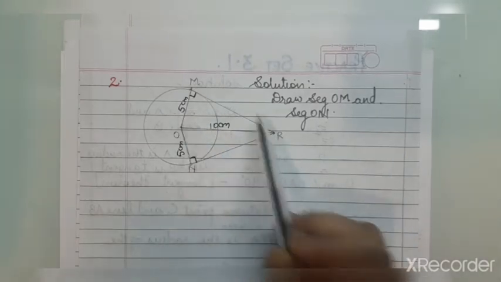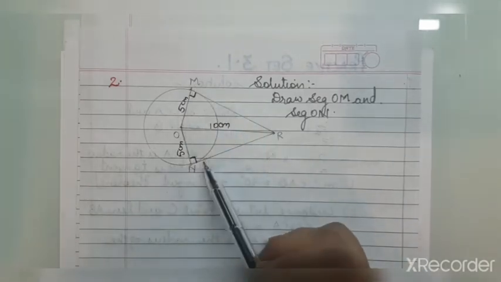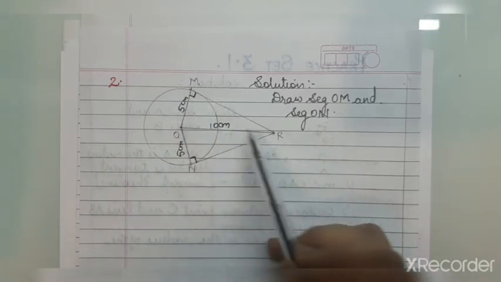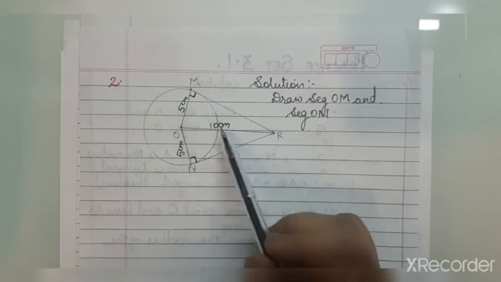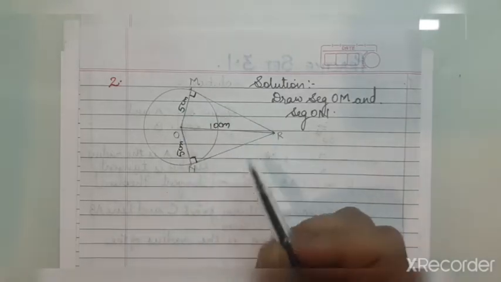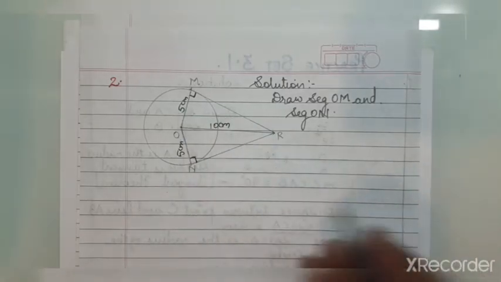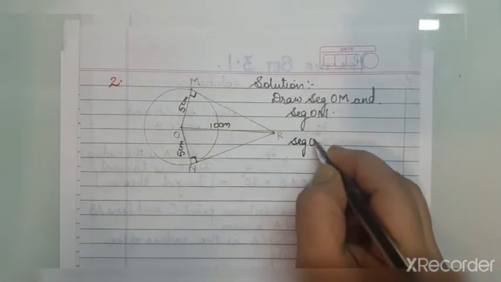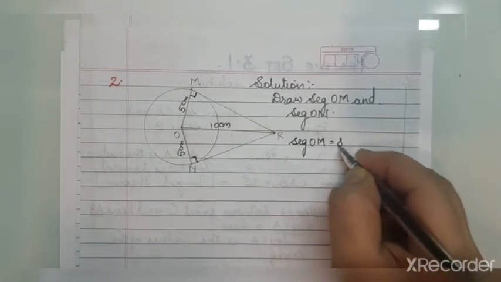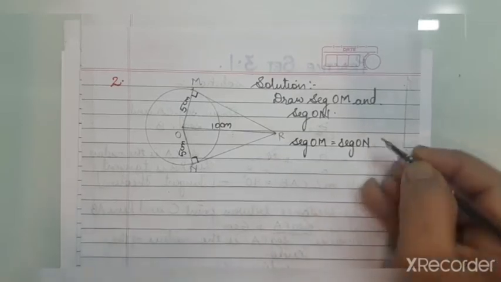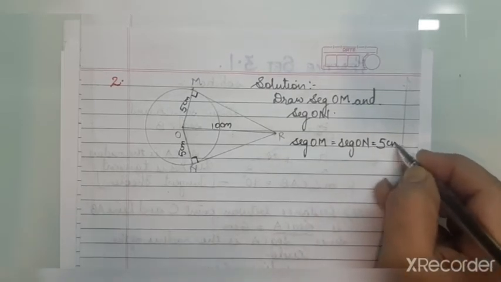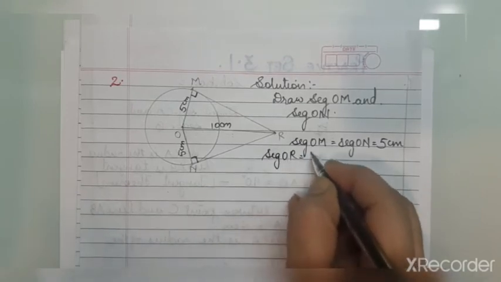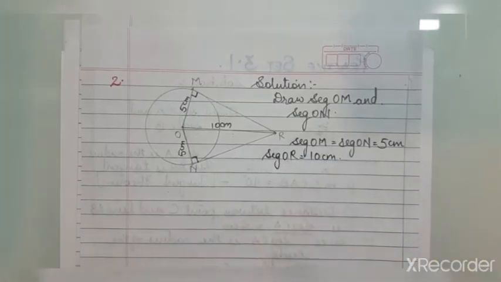So we take any one of the two right angle triangles. In a right angle triangle, if we know two sides, we can find the third side. The same thing we are going to follow here. So we begin by saying segment OM is equal to segment ON is equal to 5 centimeter. Then segment OR is equal to 10 centimeter.